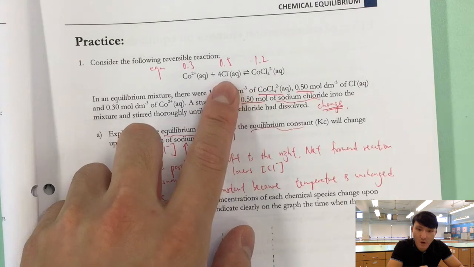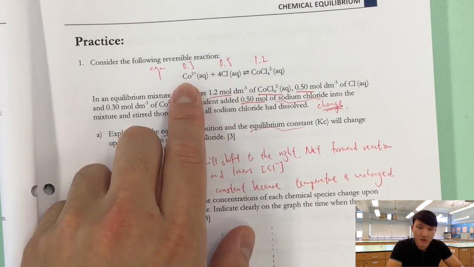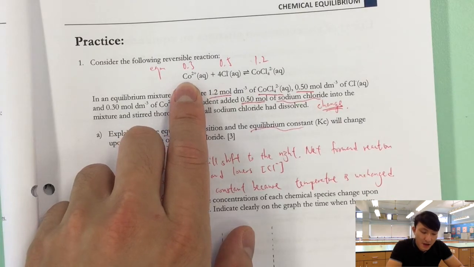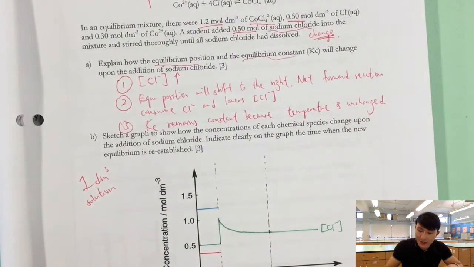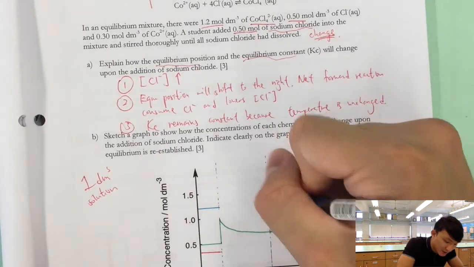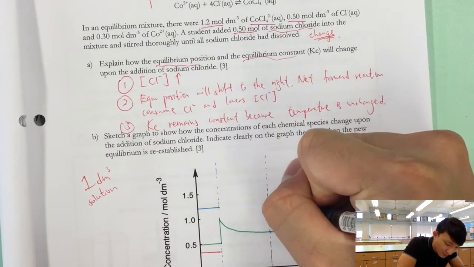Because for every 4 chloride ions being consumed, it will only consume 1 cobalt 2 plus ion, okay? So you need to pay attention to the magnitude of decrease.